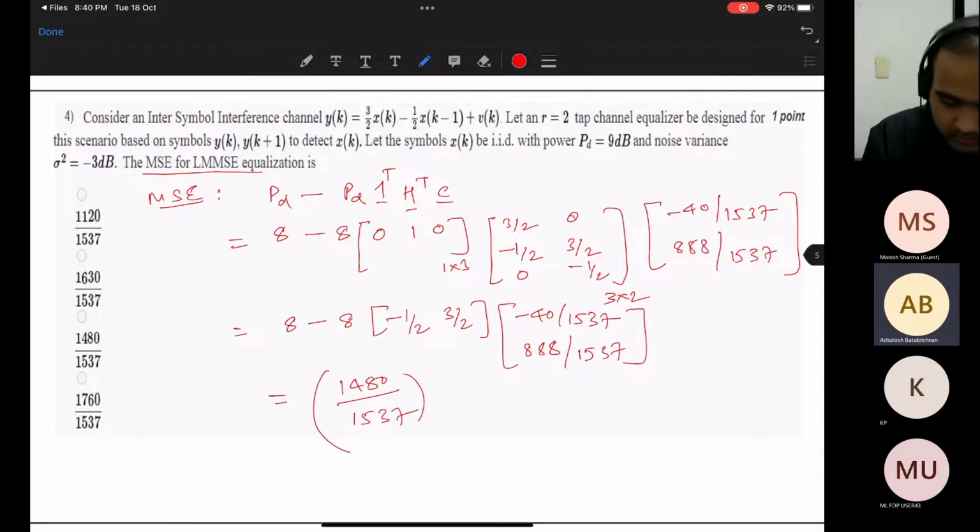So this is 1 cross 2 and this is 2 cross 1, so it ultimately becomes a scalar, right? So the MSE is a scalar quantity. So this is, which option is this? This is option C.